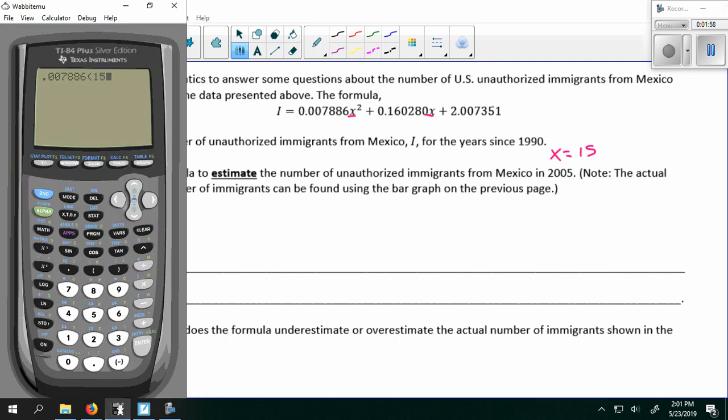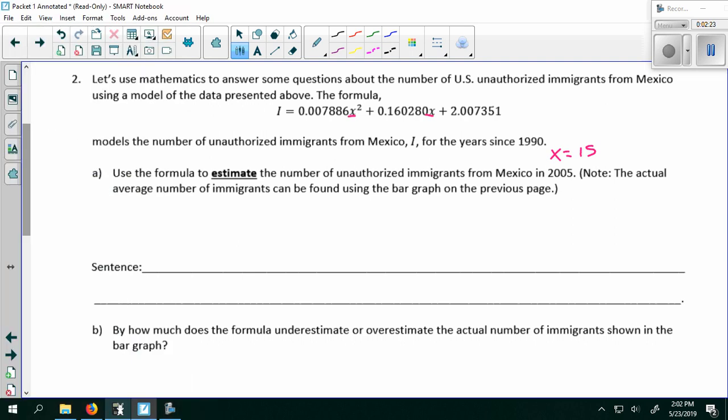So times 15 squared plus 0.160280 times 15 plus 2.007351. And I get about 6.2 million.